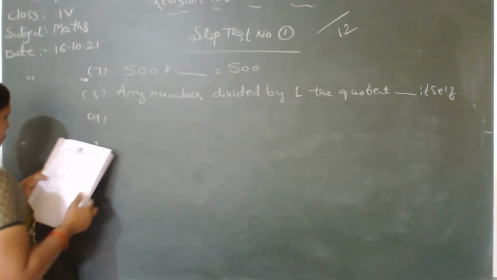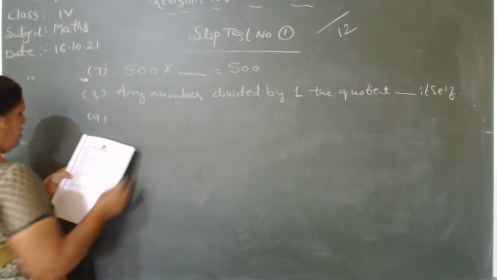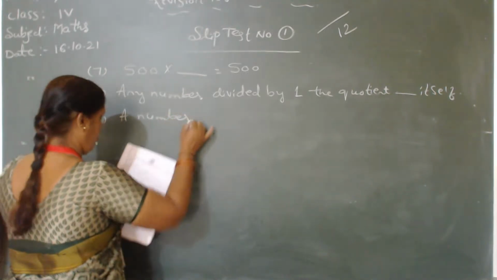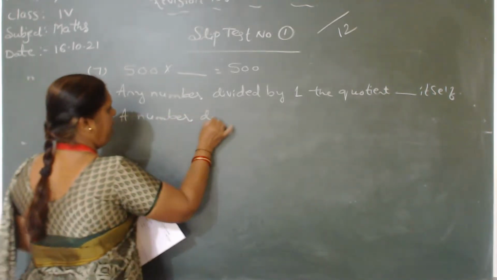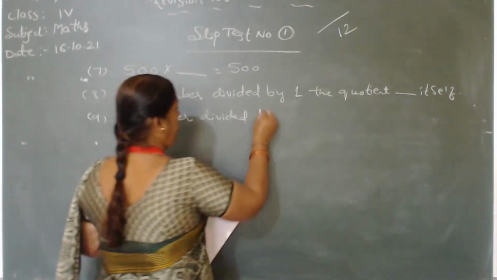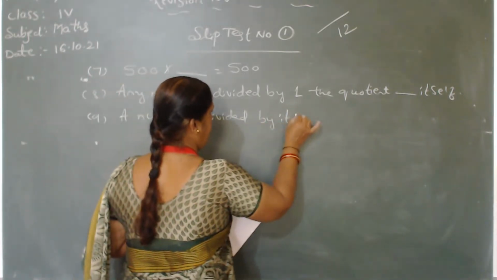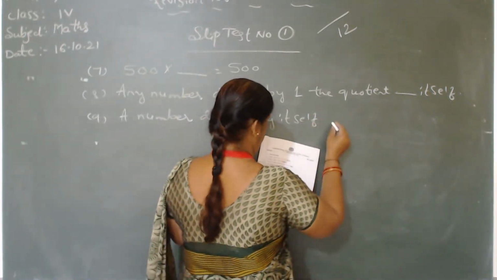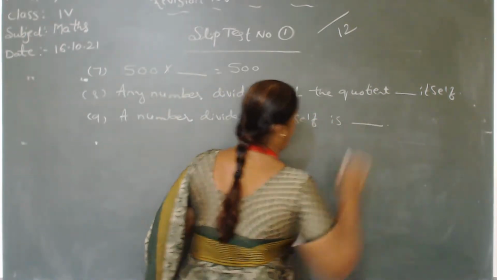Ninth one: a number divided by itself is dash.